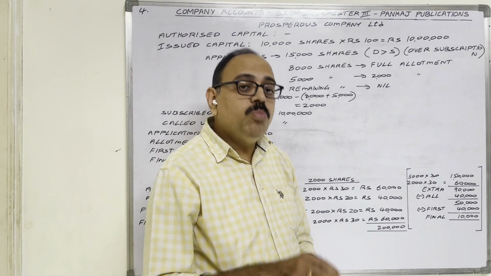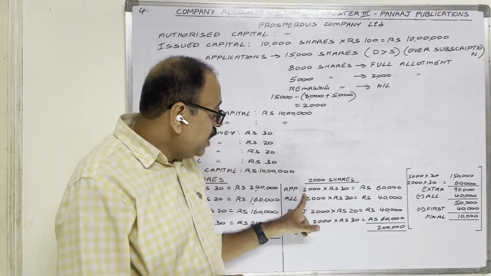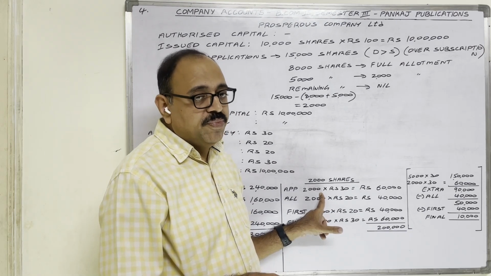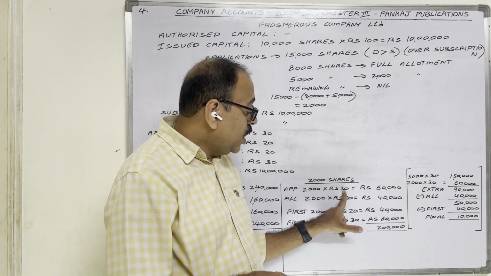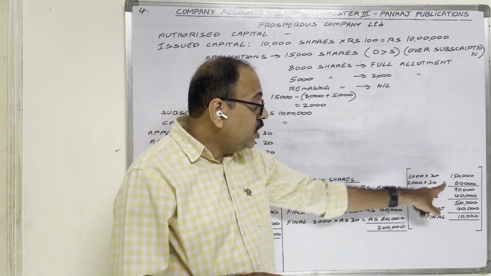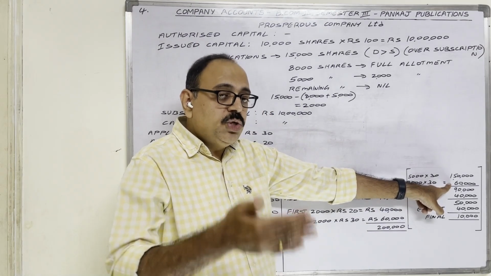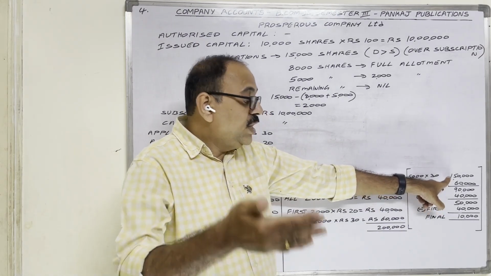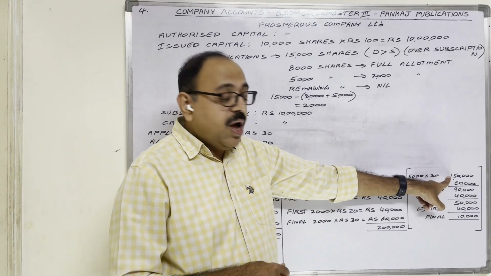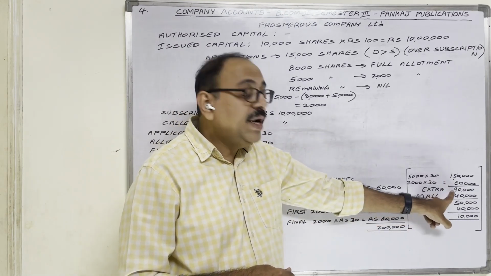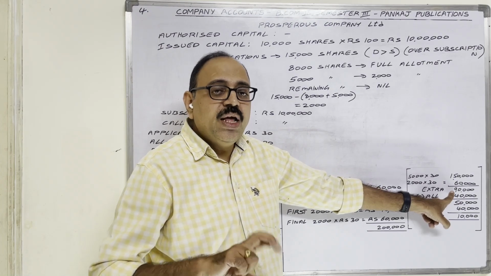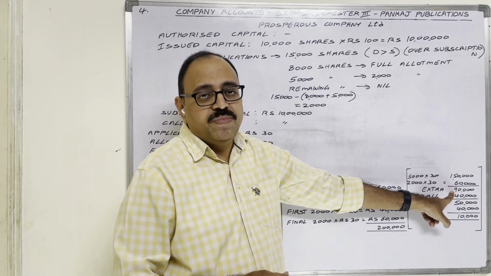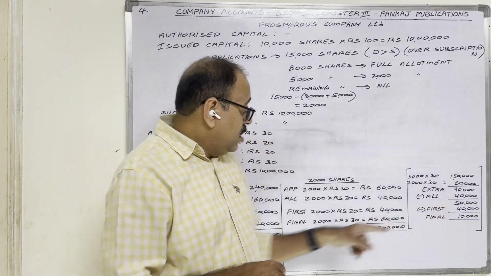But how much they supposed to pay? As company is allotting 2,000 shares to them, 2,000 shares into 30 rupees each, 60,000 only they should pay now. So they should pay 60,000, but they paid 1,50,000. How much extra they paid? 90,000. So instead of returning this 90,000 rupees to them, what company did?